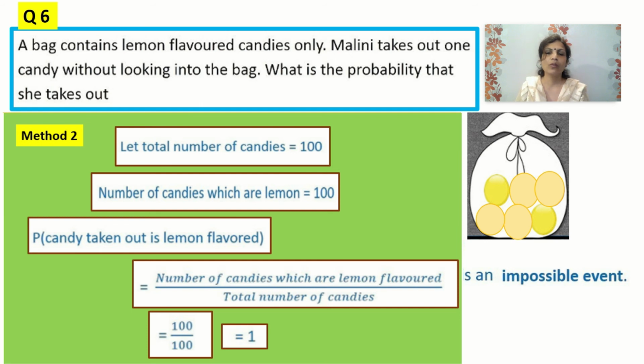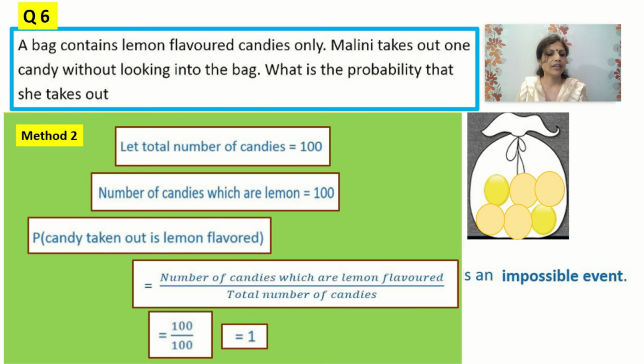So see the formula once again. We have taken the number of lemon flavored candies as 100. The total number of candies is also 100. 100 upon 100 is 1. So the probability of the candy taken out being lemon flavored is equal to 1. So you can solve this by any method, that is absolutely your choice.